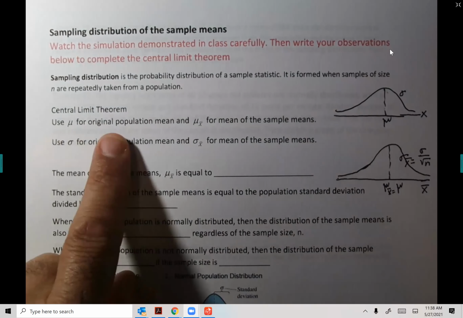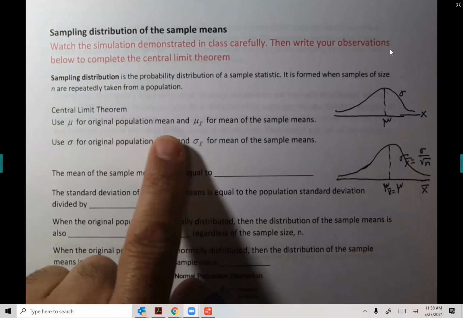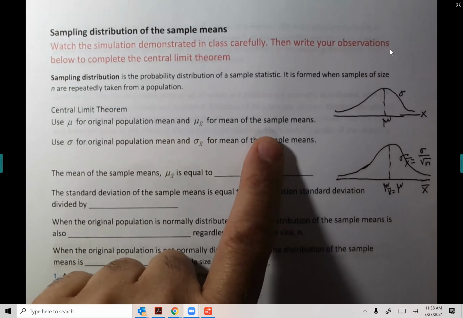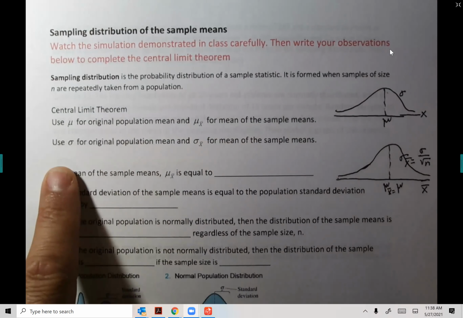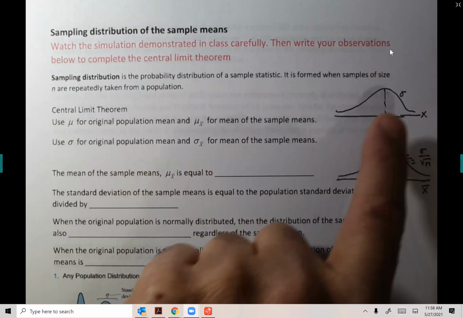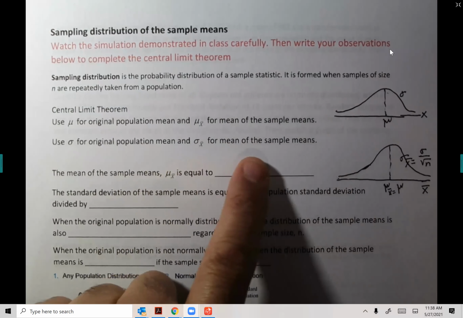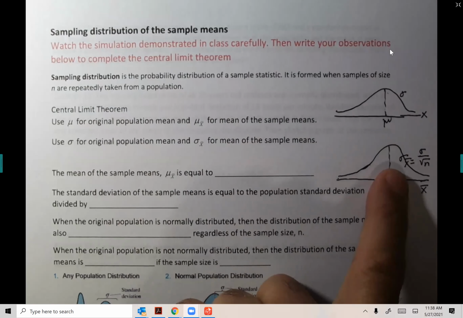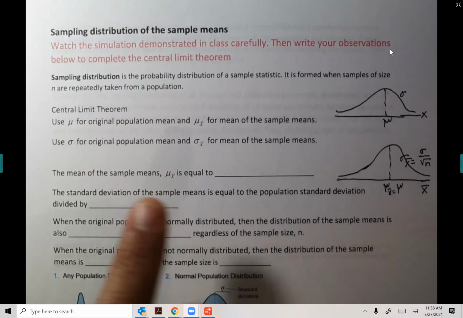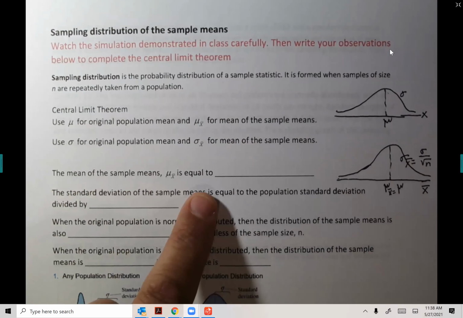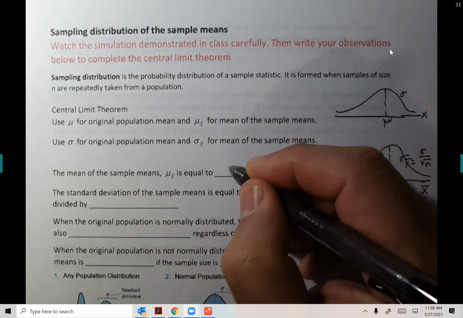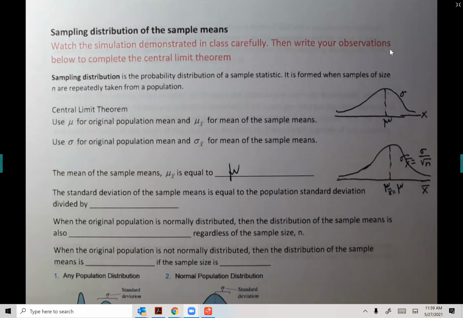Use mu for the original population mean and mu of X bar for the sample means. Use sigma for the original population standard deviation and sigma of X bar for the standard deviation of the sample means. And that's what I'm using right here. The mean of the sample means, guys, mu of X bar, is equal to mu. They are the same. You saw that in the applet. The mean doesn't change.